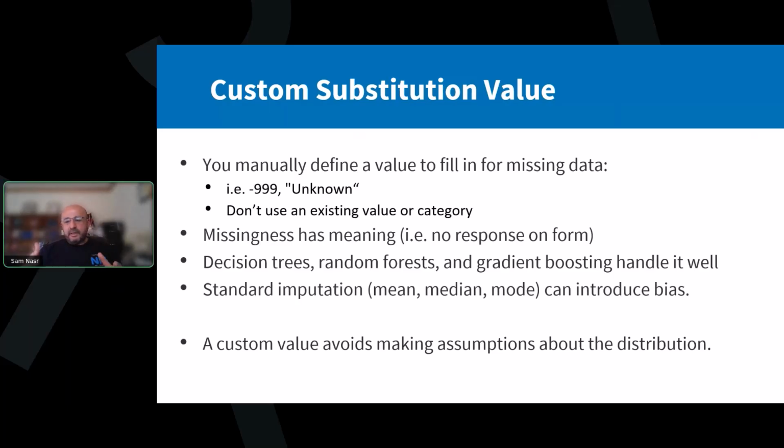Now, if I use the standard imputation where I plug in an actual value using either a mean, median, or mode for average, this can introduce a bias into the system, especially if I have multiple records with missing values. Just making the assumption that I can use an average could introduce a strong bias into the data. By utilizing a custom substitution value, it allows me to preserve the row count.